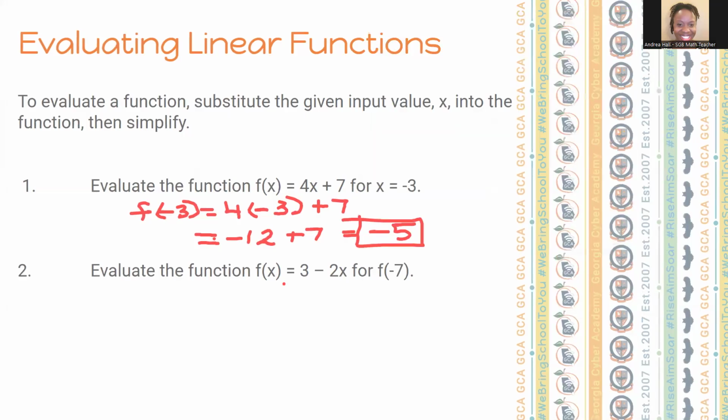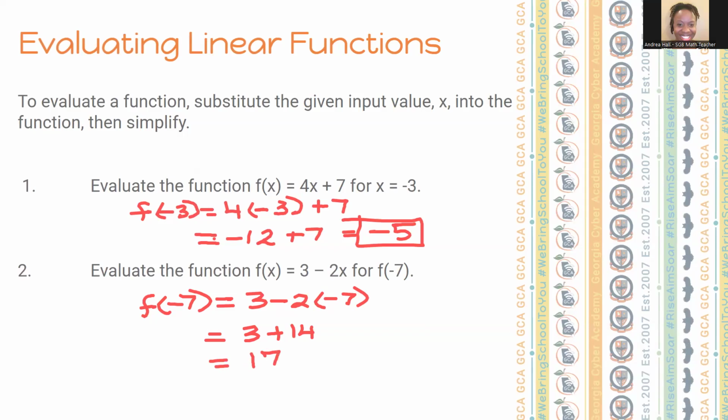Here's another one. It says evaluate the function for f of -7. They're already telling you the x value is -7, so f of -7 equals 3 minus 2 times -7. -2 times -7 is going to give you a positive 14. 3 plus 14 is 17.